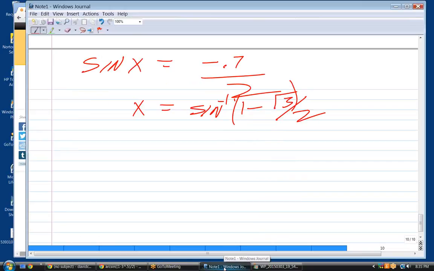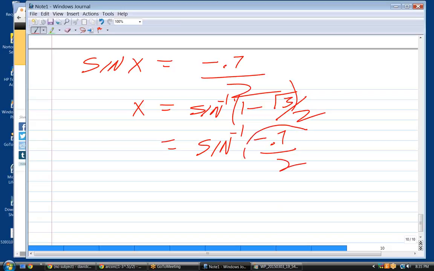Yeah. Well, let's just clarify why we got 2 answers here. In other words, I'm basically taking the inverse sine of approximately negative 0.7 divided by 2. Whenever you use your calculator to do the inverse sine or cosine, you only get the principal value.